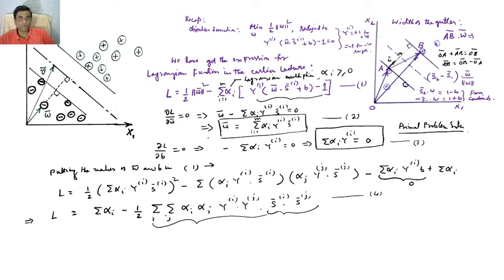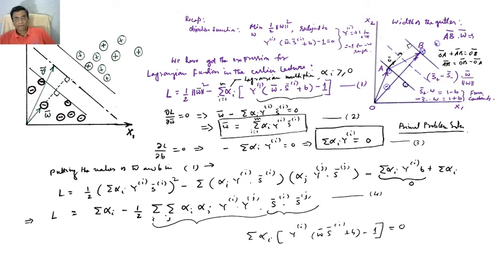But what you know is one very interesting thing. You see, I have this one, alpha i, yi. I'm just rewriting it so that you can understand. It equals 0. So I have this constraint. If I put the value of w here, you can see this times alpha.